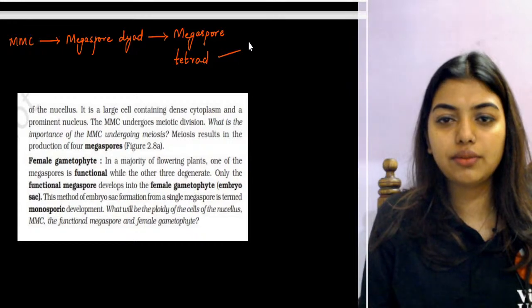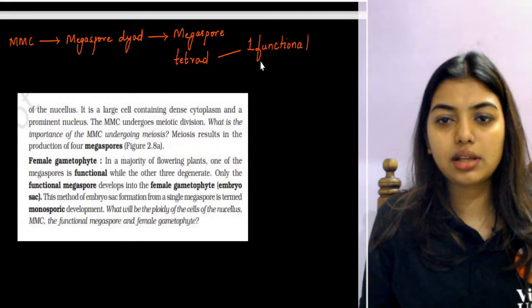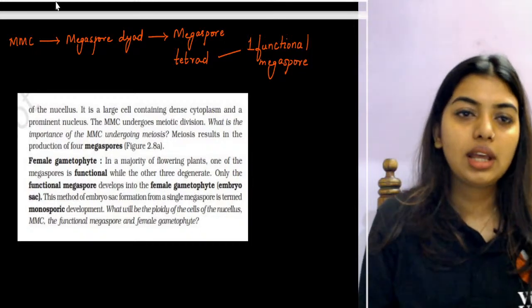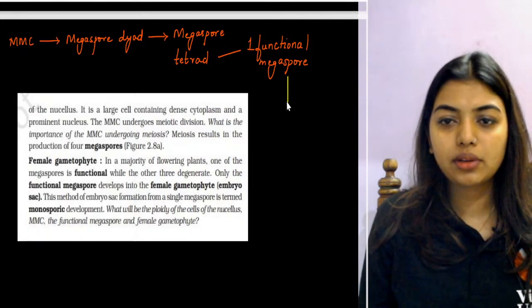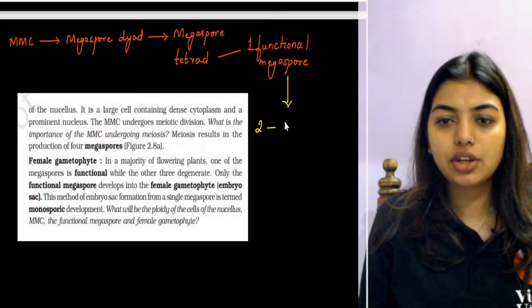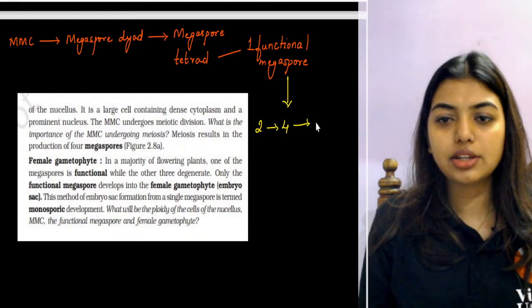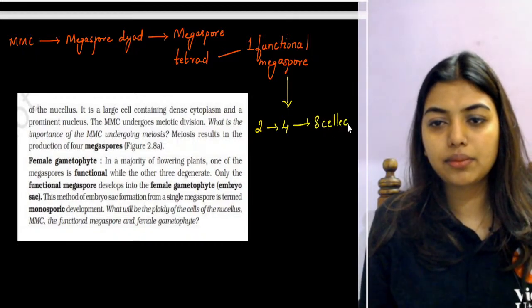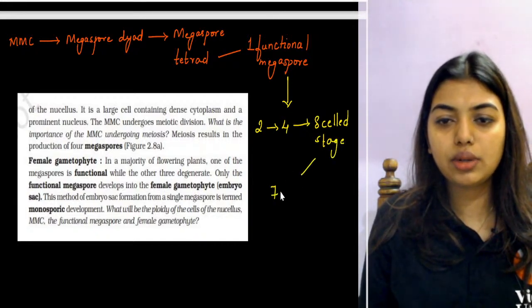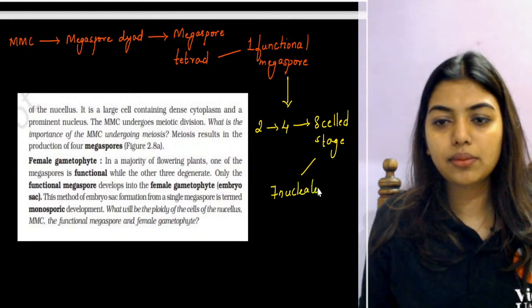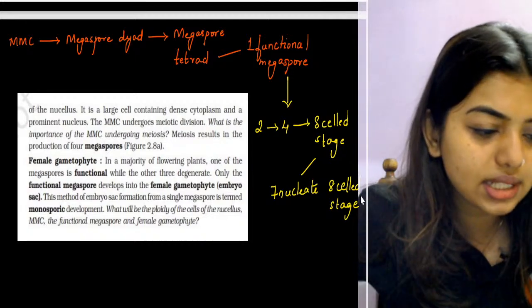In the tetrad, only one functional megaspore we got. That one functional megaspore multiplied from 2-cell stage to 4-cell stage to 8-cell stage. So it formed a 7-nucleate 8-cell stage. Now what is the 7-nucleate 8-cell stage?